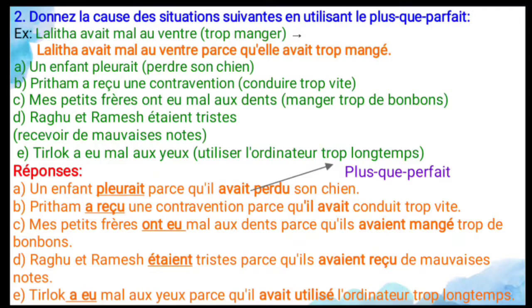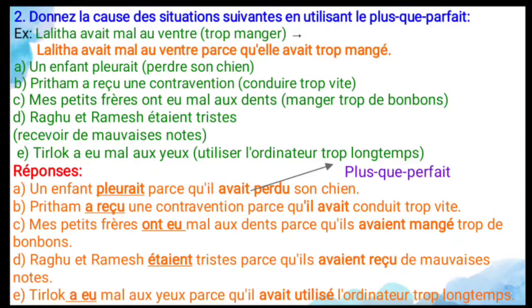See, un enfant pleure, the verb conjugated in the imperfect tense. Parce qu'il avait perdu son chien. A child was crying because he had lost his dog. So perdre is also not in the 16 verbs, so you can use the avoir verb only. So il avait perdu son chien.